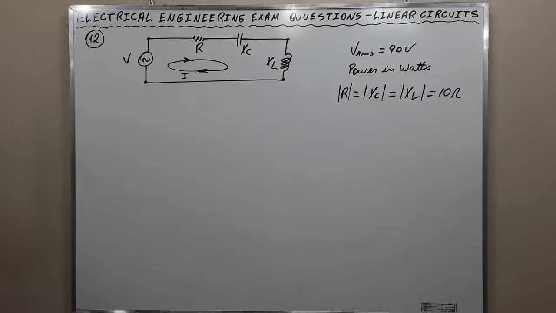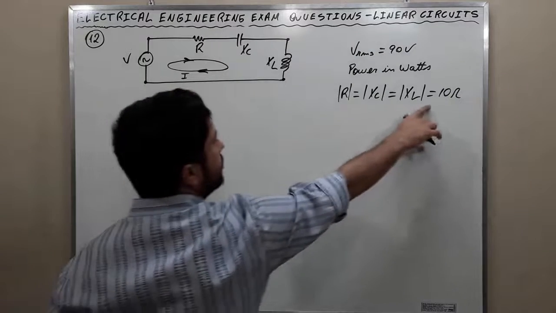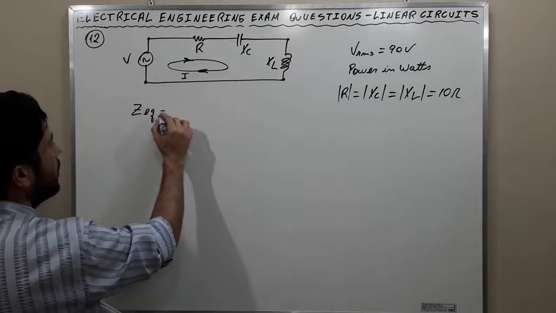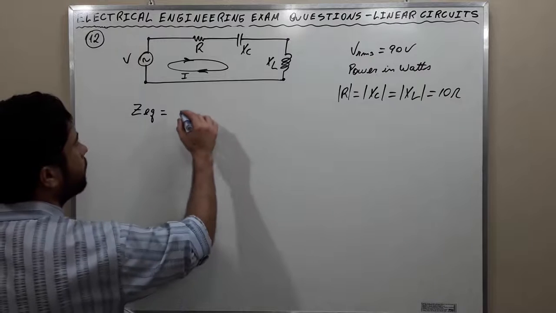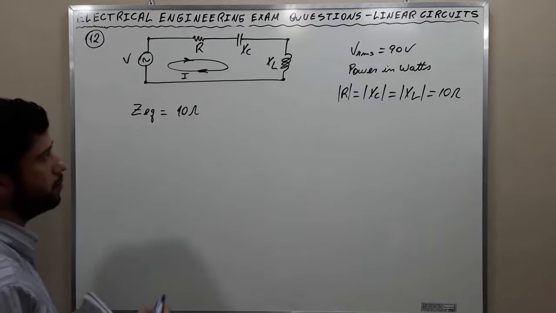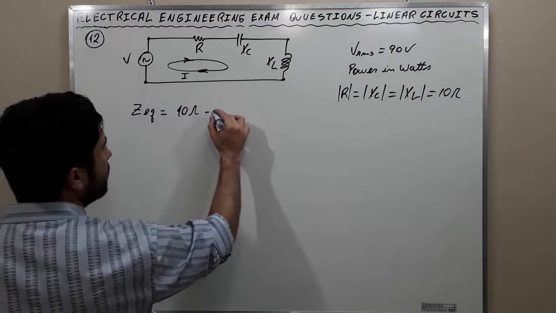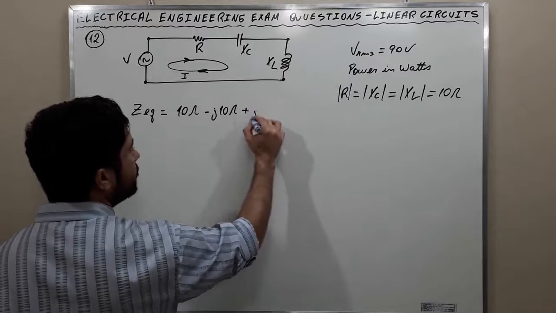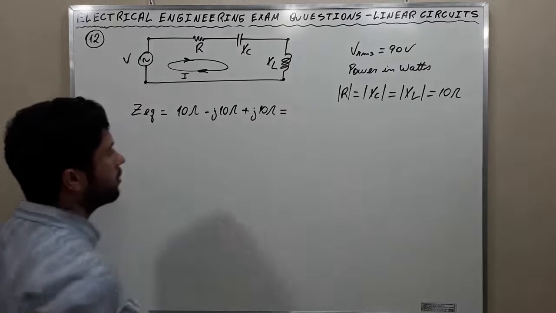The exercise wants us to calculate the power in watts involved in this circuit. To calculate the power, let's first calculate the current. Okay? And use these values here. The total impedance, or the equivalent impedance, is going to be 10 ohms for the resistor, negative J10 ohms for the capacitor, and positive J10 ohms for the inductor.